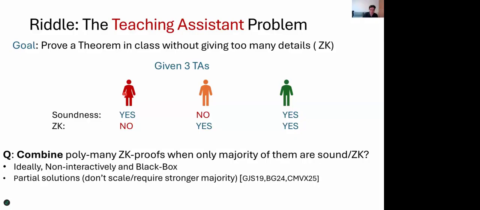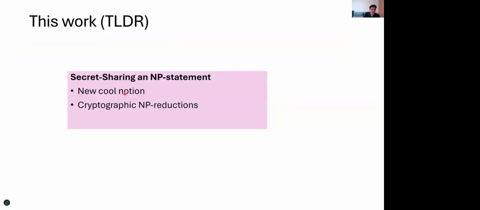So let's keep this problem in mind. In this talk, I'm going to present this notion of secret sharing for an NP statement. I believe that this is a very cool notion, and I'll try to argue that this is a cryptographic analog of standard NP reductions.